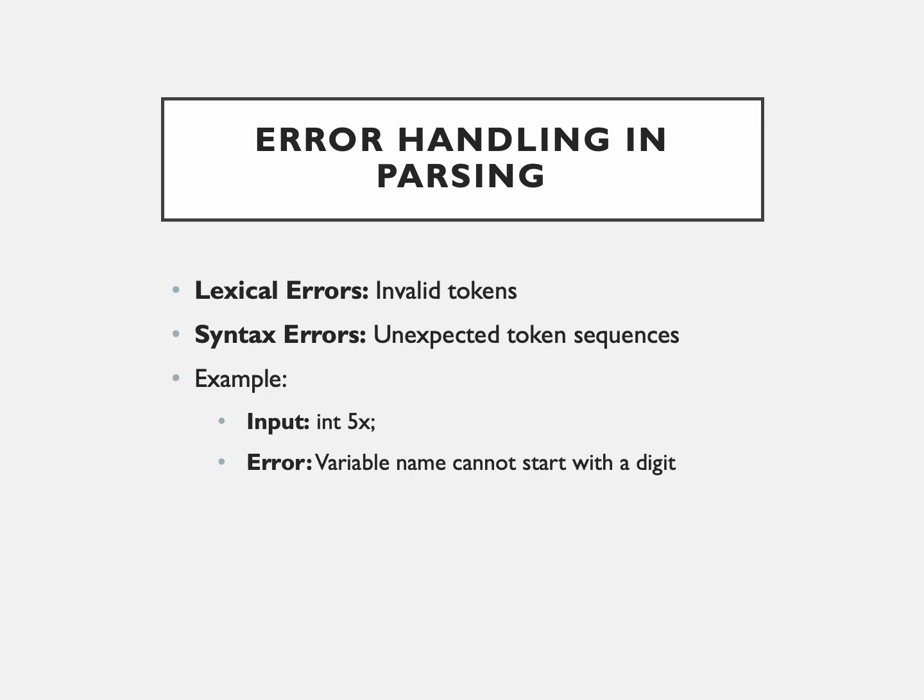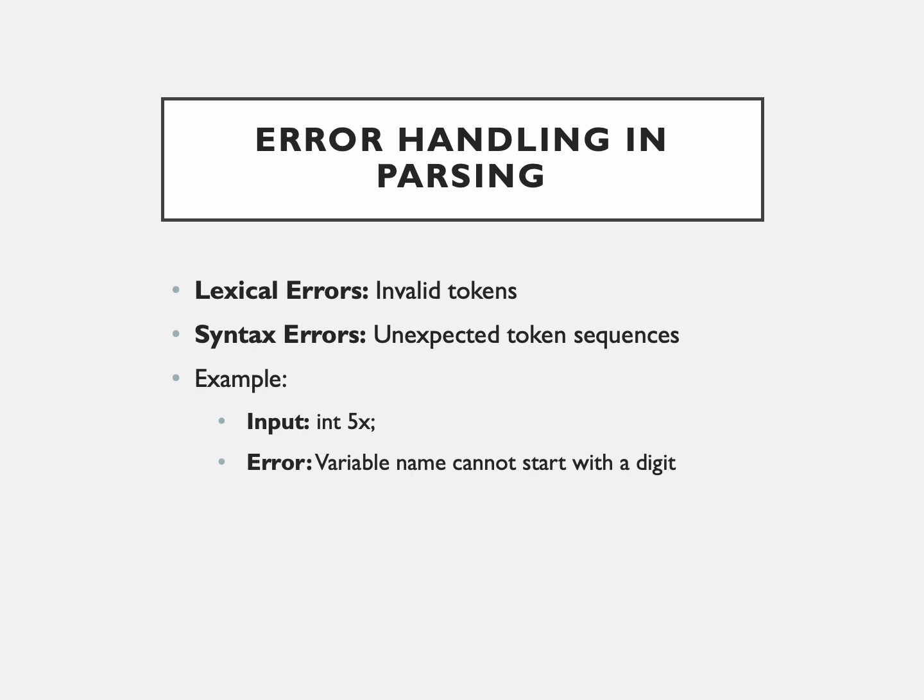In panic mode recovery, it just skips input until a designated synchronizing token is found. So this is how it recovers. And then phrase level recovery can be done by replacing erroneous constructs with valid alternatives to continue parsing.